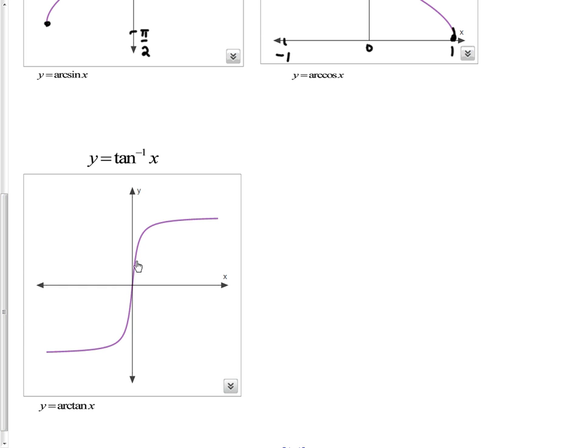And the inverse tangent graph is one that passes through the origin, and tangent would normally have vertical asymptotes at -π/2 and +π/2. So those are going to turn into horizontal asymptotes in our graphing right here. So this is the line y equals π/2 right here. This is the horizontal line y equals -π/2 down here.